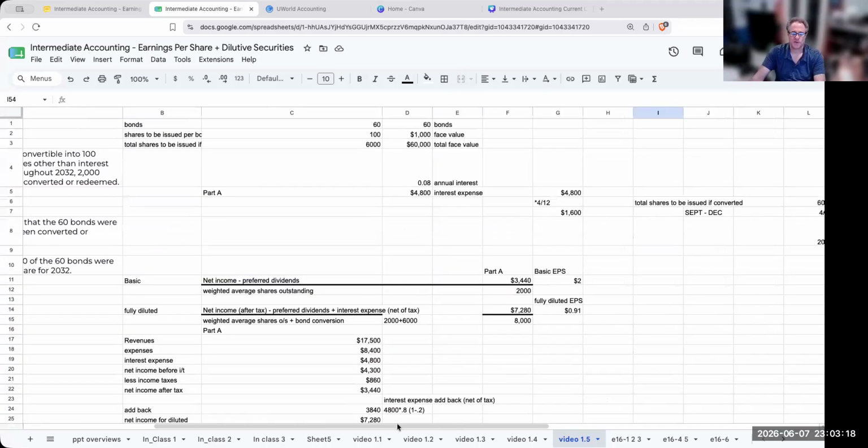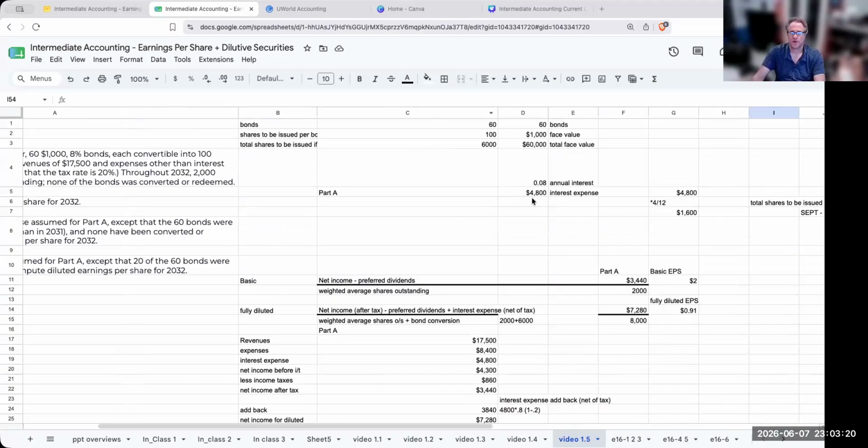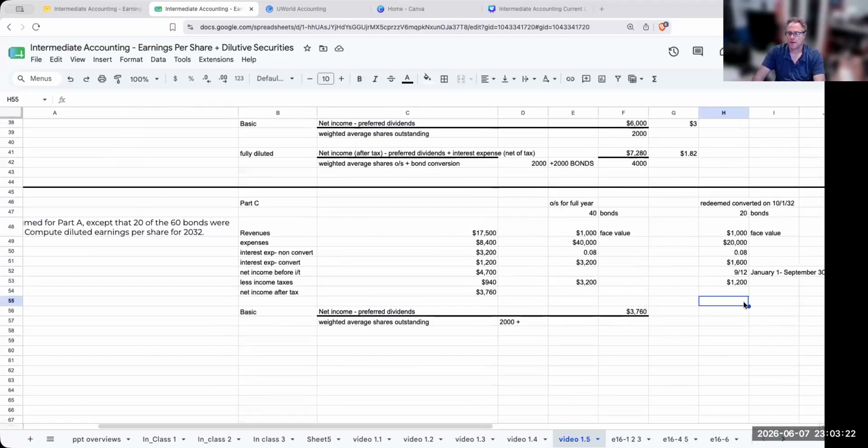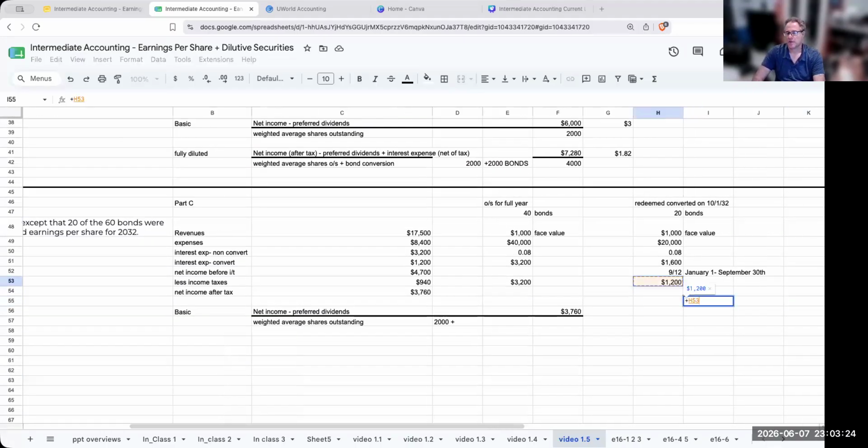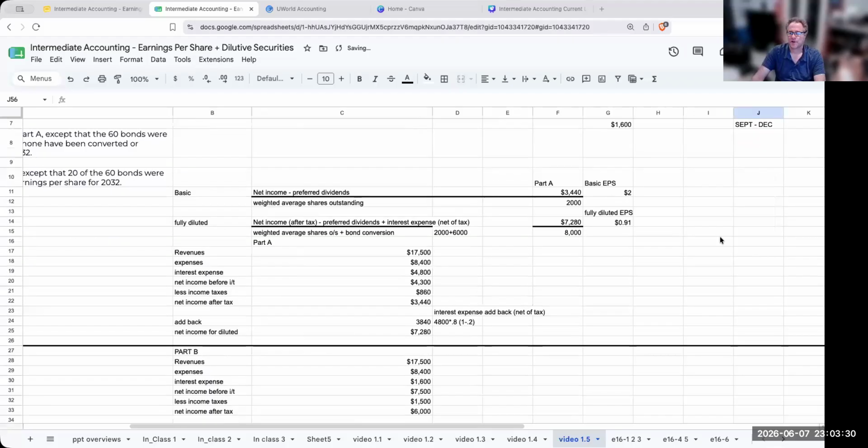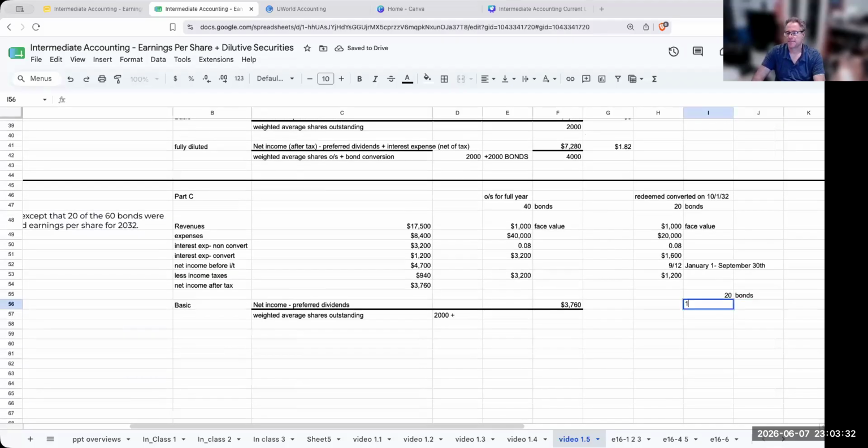And the bonds essentially convert at a rate of 100 shares per bond. So here I have 20 bonds, and this is converting at 100 shares per bond. Okay, so this is converting at 2,000 total shares.